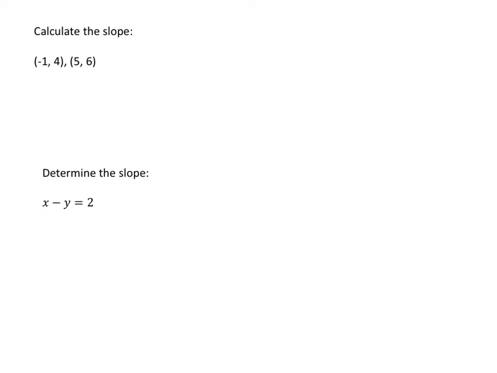So a couple of examples. Calculate the slope. What I want to find is rise over run, change in y divided by change in x. So the change in y values, I'll take 6 minus 4, divided by 5 minus negative 1.